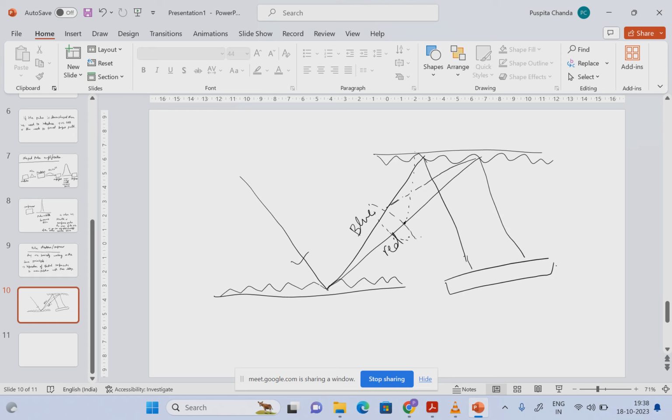So if the previous arrangement is stretching the pulse, then by putting a lens between them we can make it a compressor. We can make a stretcher into a compressor by placing just a lens, which flips the path of the red and blue components.